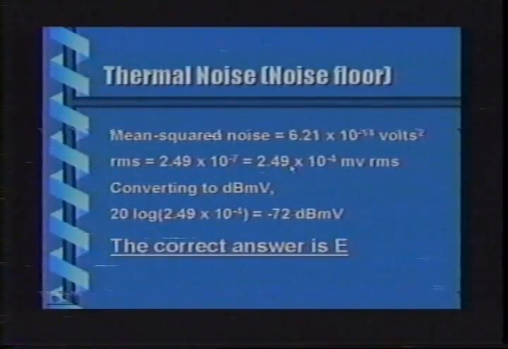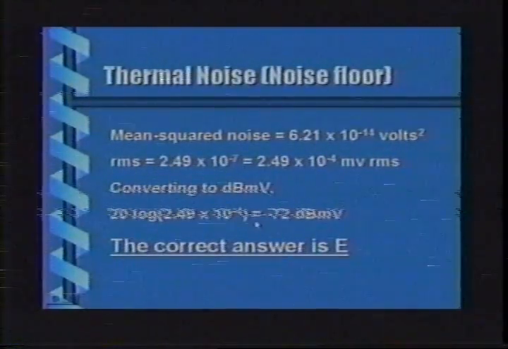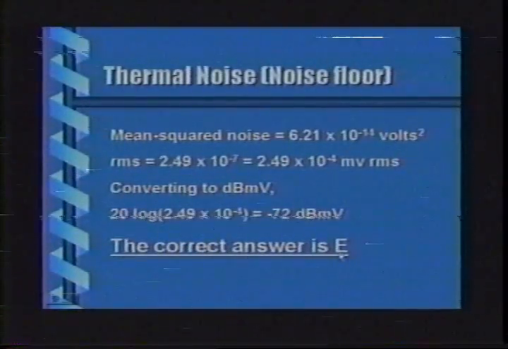So we have 2.49 times 10 to the minus 4th millivolts RMS value. Converting this to dBmV, we simply take 20 times the log. Note it's 20 because we're dealing with voltage level and not power level. That gives us minus 72 dBmV, which matches selection E in the problem. Again, a very, very simple problem to illustrate just one point.